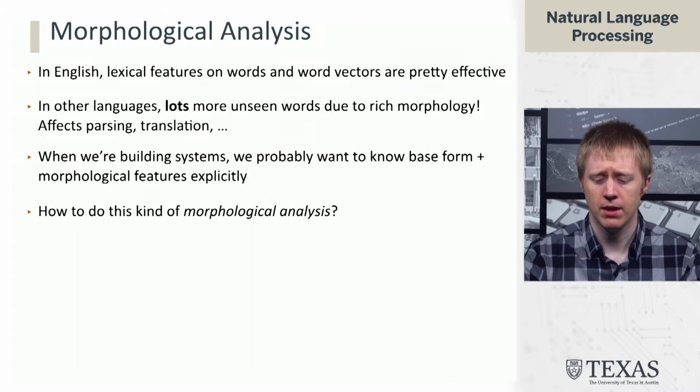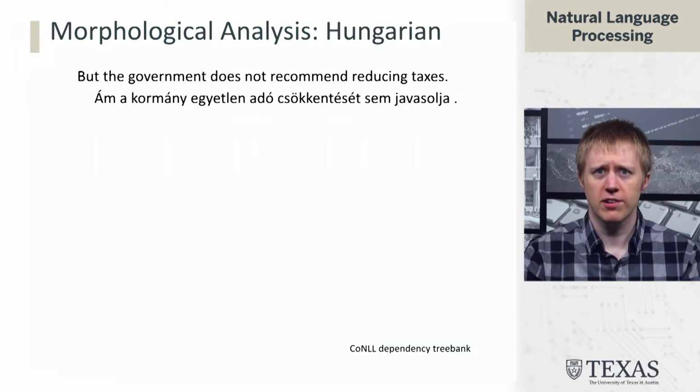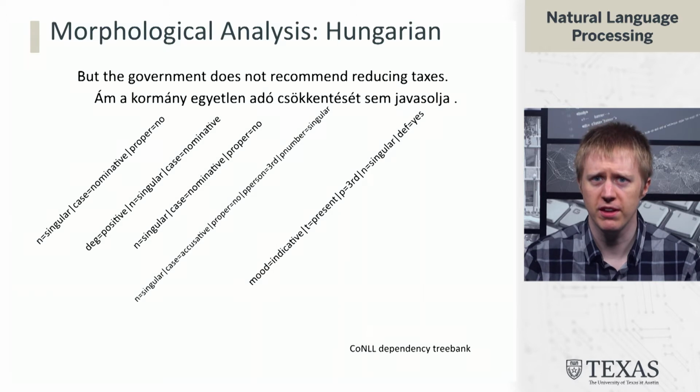Okay, so for example, if we have this sentence in Hungarian, what we might want to do is annotate each word with information that we could think of as related to part of speech, but which goes a little bit deeper. For example, this word kormani we recognize as a singular noun with nominative case, and it is not a proper noun.